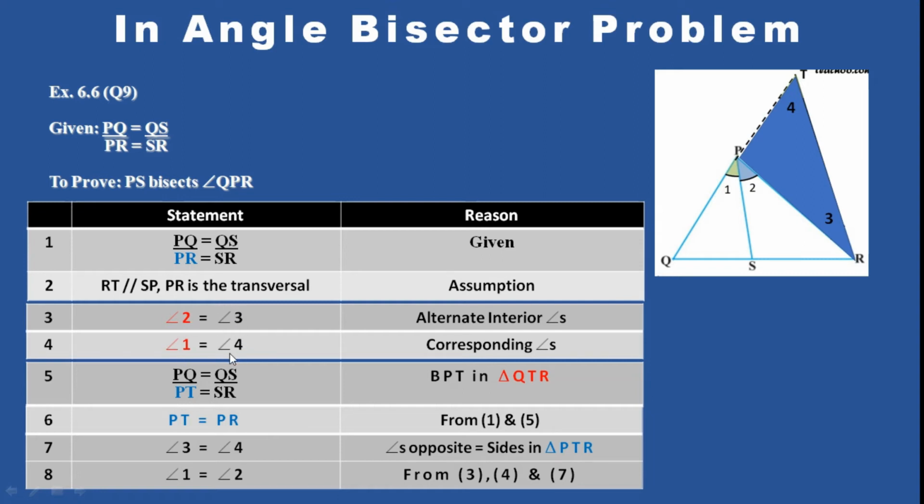Now, if 3 and 4 have become equal to one another, therefore angle 1 becomes equal to angle 2 from statements 3, 4, and 7. If angle 1 is equal to angle 2, we have proved that PS bisects angle QPR.